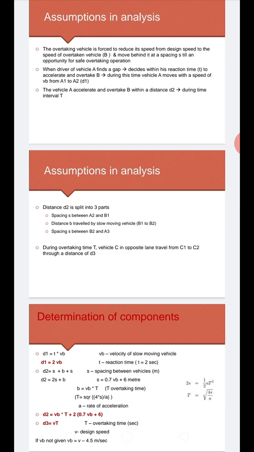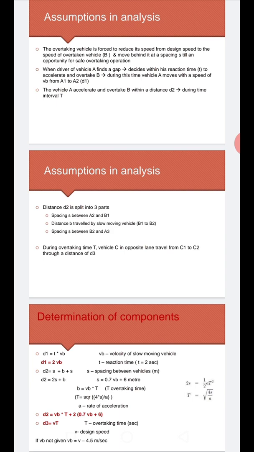Capital T is the overtaking time, which is equal to the square root of 4s by a, where small a is the rate of acceleration in meters per second squared. And d3 is equal to v into capital T, where v is the design speed of the overtaking vehicle and T is the overtaking time.